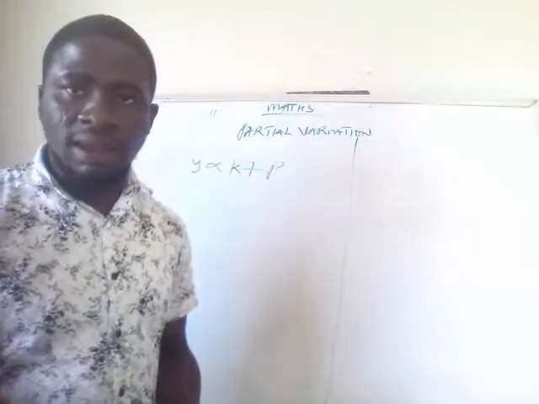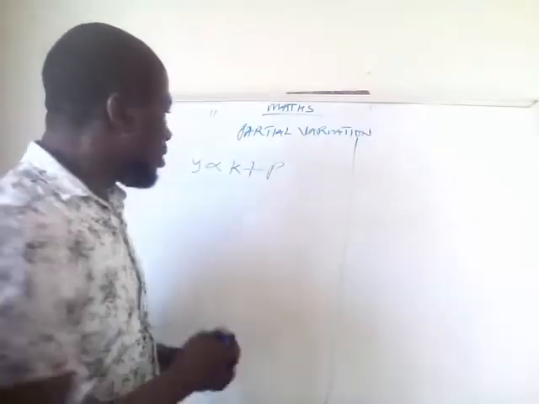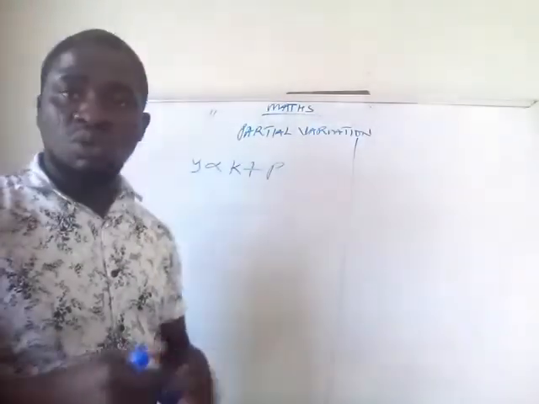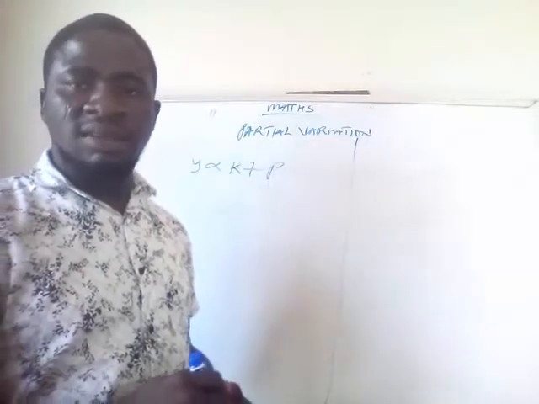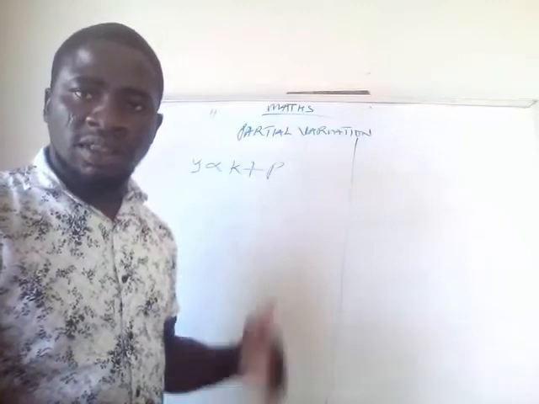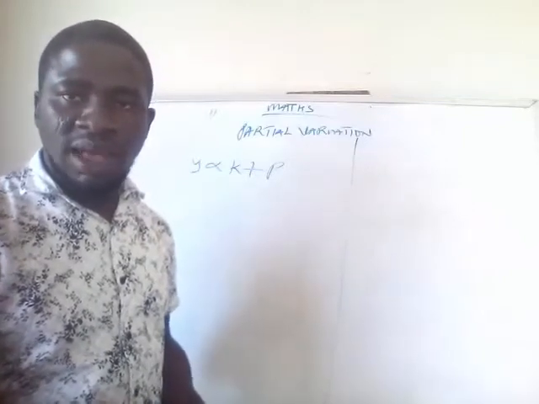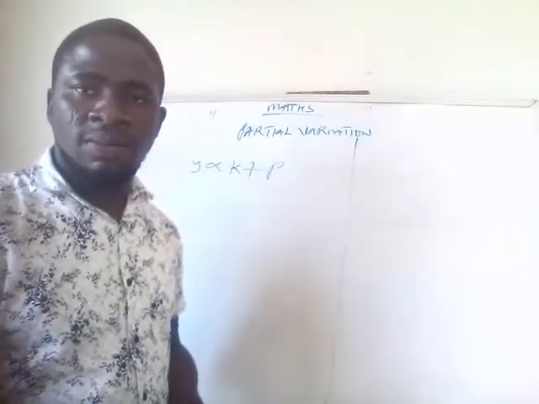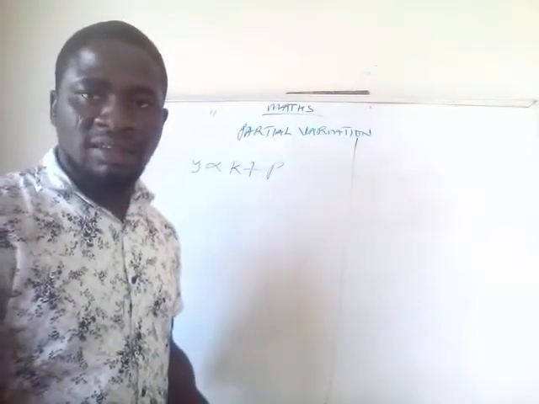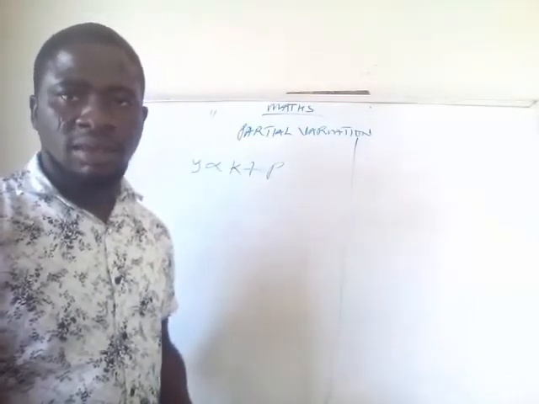But once they say partly constant, it means that the constant we'll be using is no longer k. We have been using k for the constant of proportionality, but for this purpose, the two letters generally used as the constants are a and b.